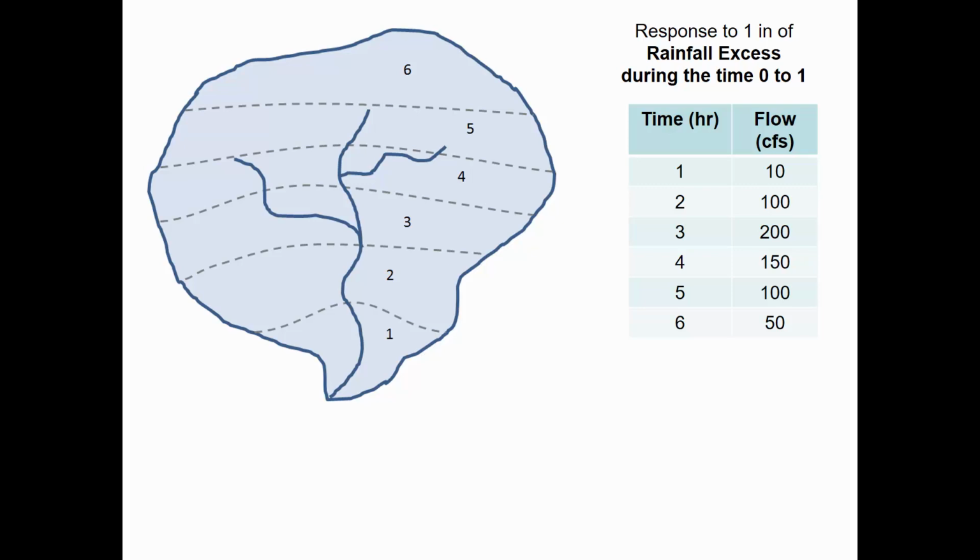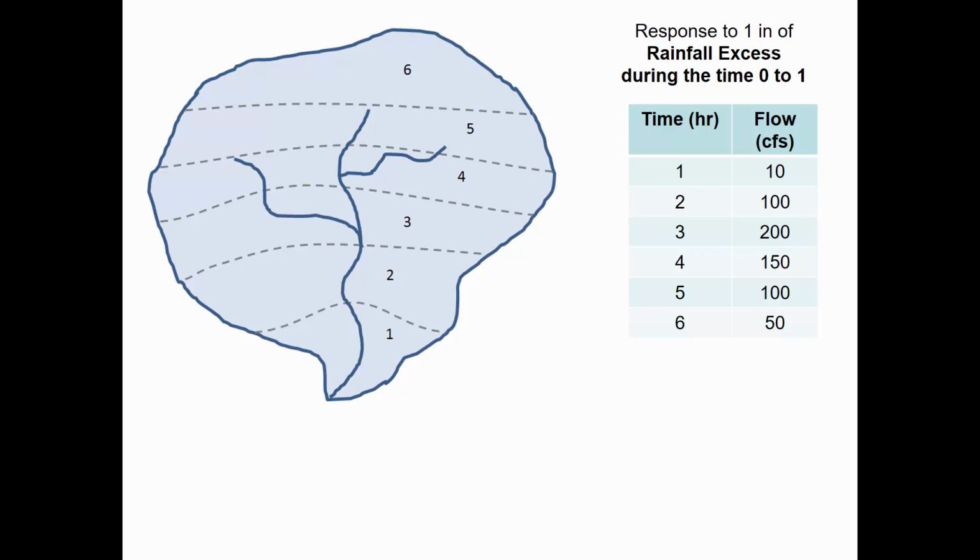There is, during hour 1, 1 inch of water. So here's time 0, 1, 2, 3, 4, 5, and so on. So it goes 10, 100, 200. I guess this isn't to scale very well. 10, 100, 200, 150, and it's tapering down back to 100.